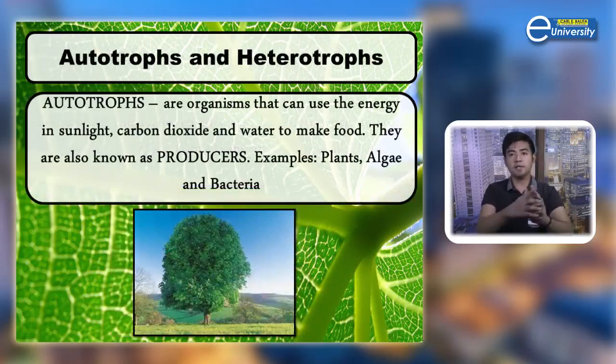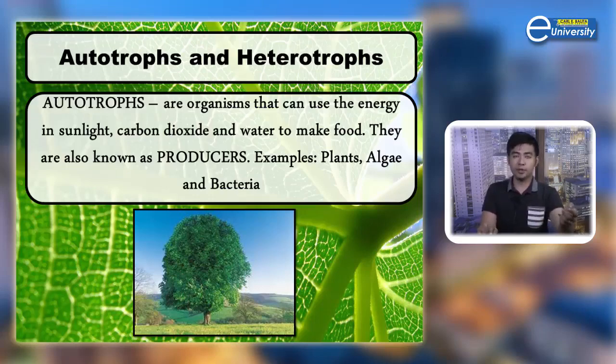So the main difference between autotrophs and heterotrophs. When we say autotrophs, the word troph literally means nutrition. Autotrophs, meaning they are producing their own food or nutrition. These are the organisms that can use the energy of sunlight, carbon dioxide, and water to make their own food.